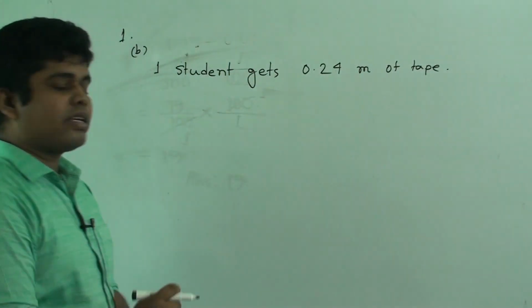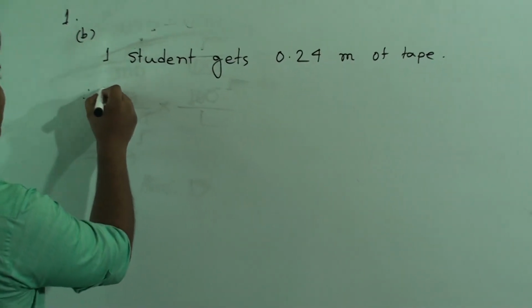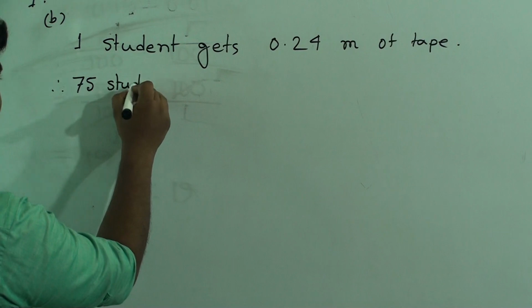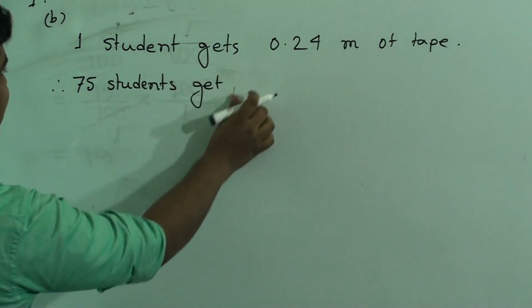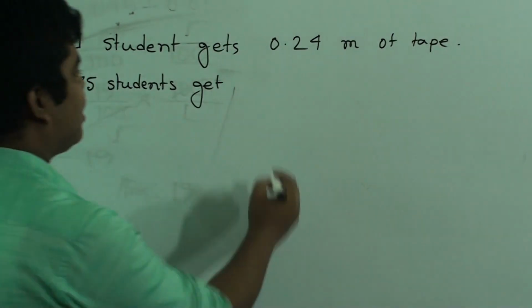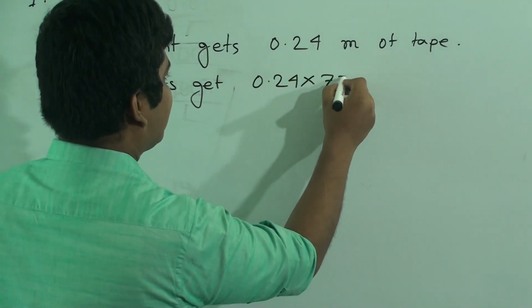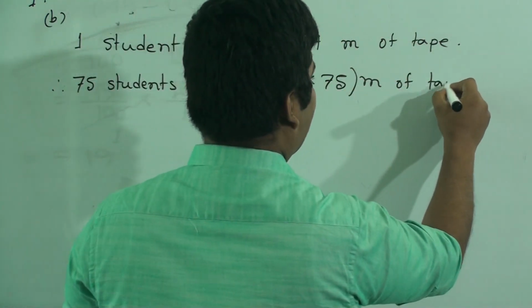Now that the class consists of 75 students, we need to find out the 75 students' amount. 75 students get, this time we write get because this is a plural number. Now we write 0.24 multiplied by this 75 meter of tape.